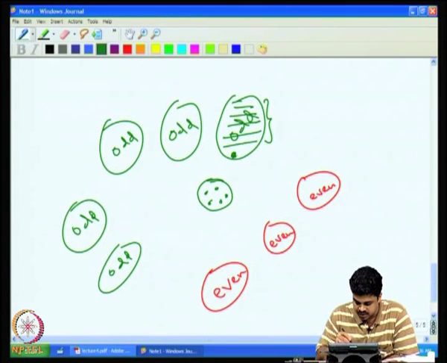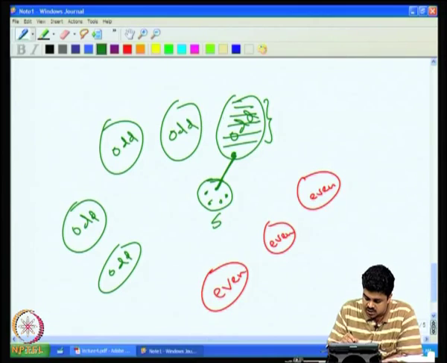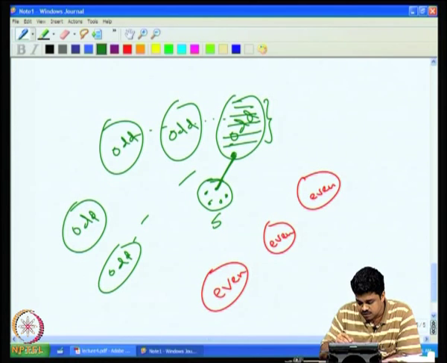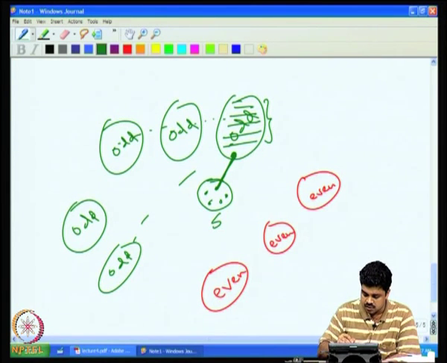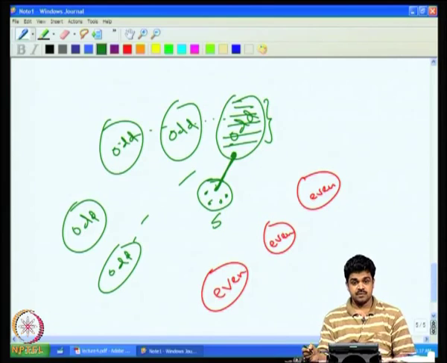Therefore, where should its partner be? Its partner has to be somewhere in S, because there are no edges across. Here there is no edge, here there is no edge, here there is no edge. Therefore, the partner of this vertex cannot come from any of these, because they are not adjacent. So its partner has to come from S.